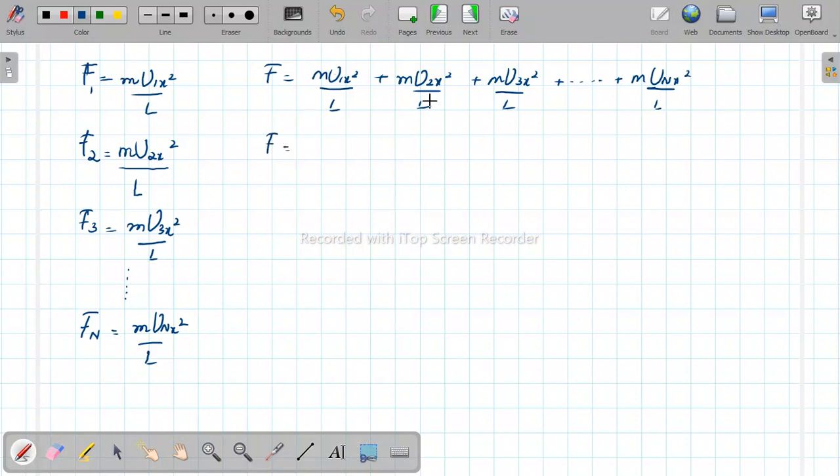This mass right here is common between all these expressions. Let's just take it common here. And this L is also common between all these expressions. So this becomes m over L times v1x square plus v2x square plus v3x square till vnx square, right? This has to be Fx since we've only considered the x component of velocity.